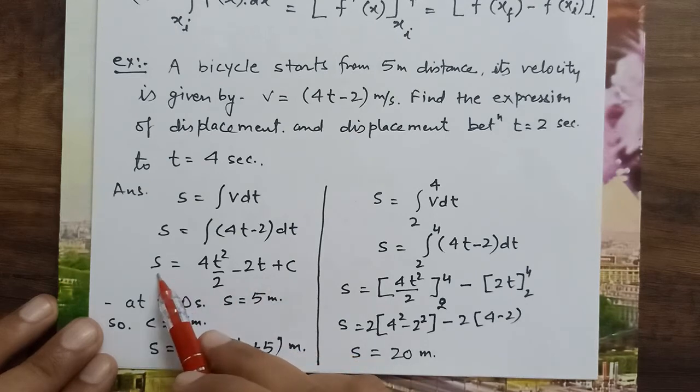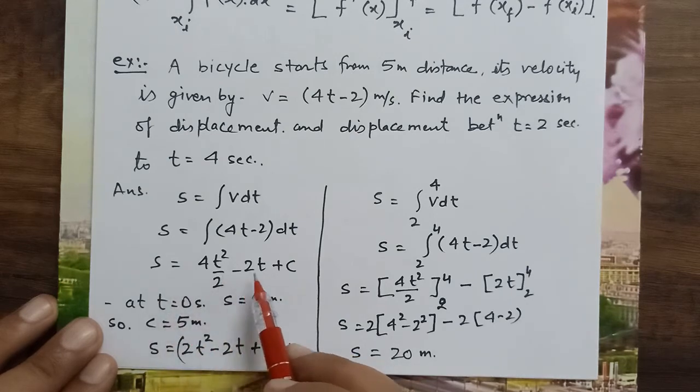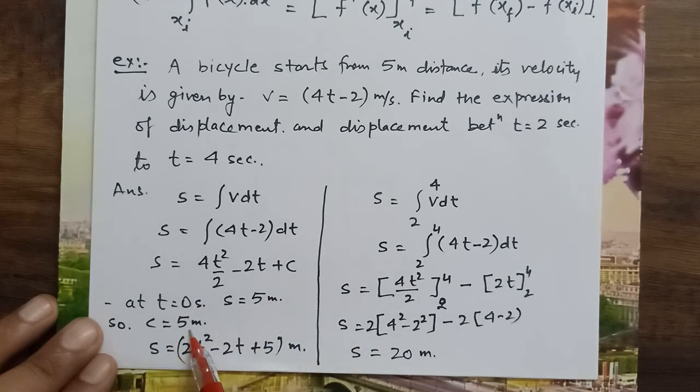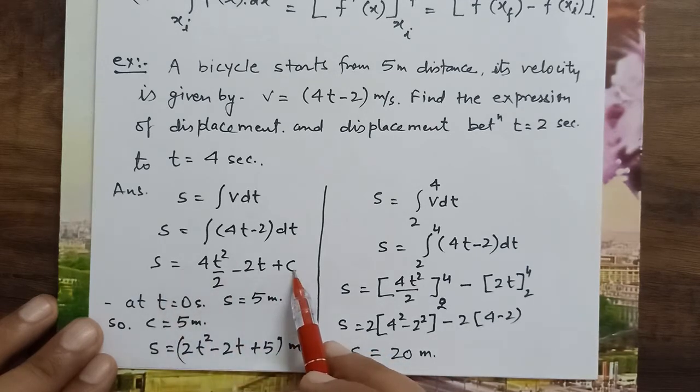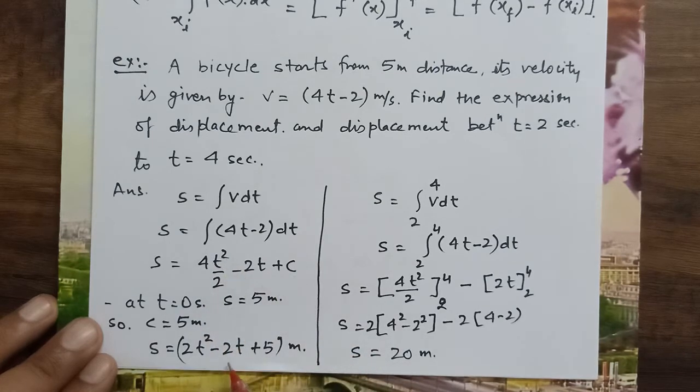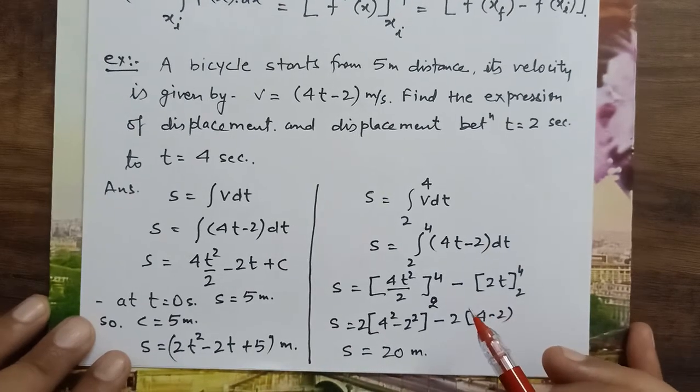So here you will put 5 = 0 + c, so c value is 5. So you got 2t square minus 2t plus 5 meter. This is the expression of displacement. By putting the value of t, you can find the displacement at any instant.